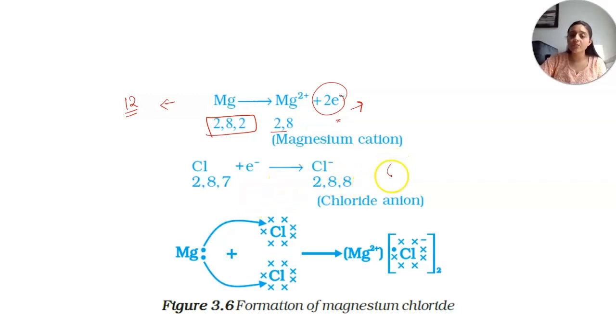That is why negative 1 is the charge of chlorine. So now you can see, magnesium has 2 electrons in its valence shell. So magnesium will show bonding with 2 chlorine atoms, and you will get Mg 2 plus and chlorine negative 2. They will cancel out and it will form MgCl2.